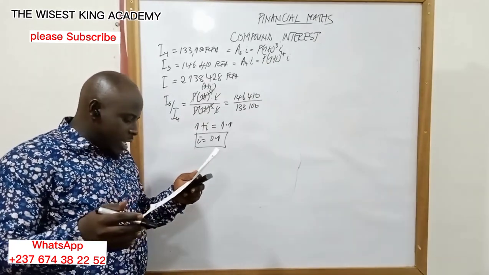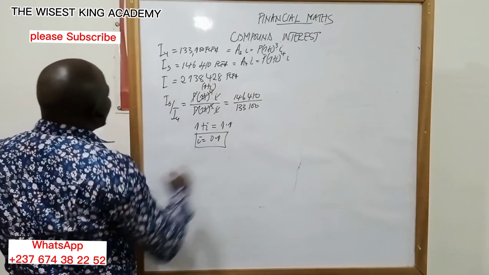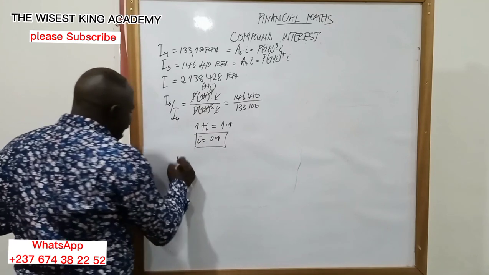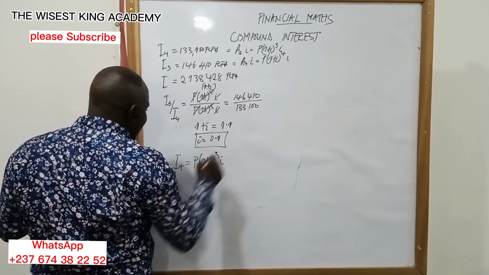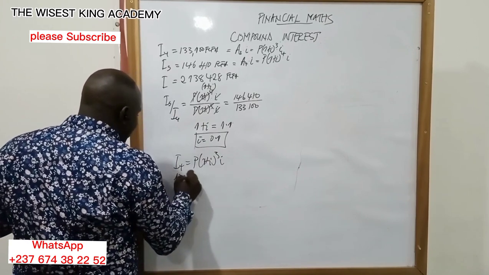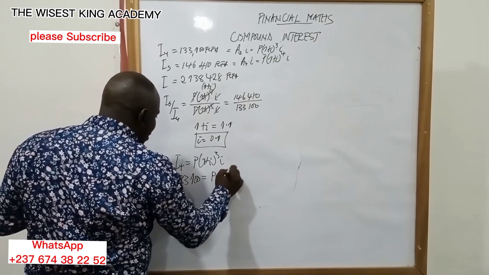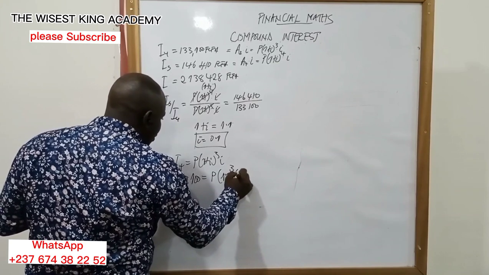Now to calculate the amount invested, use either I4 or I5. Let's use I4. Remember I4 is equal to P into 1 plus I raised to the power 3 times I. I4 is 133,100 equals P, which we don't know, times 1.1 raised to the power 3 times 1 times 0.1.